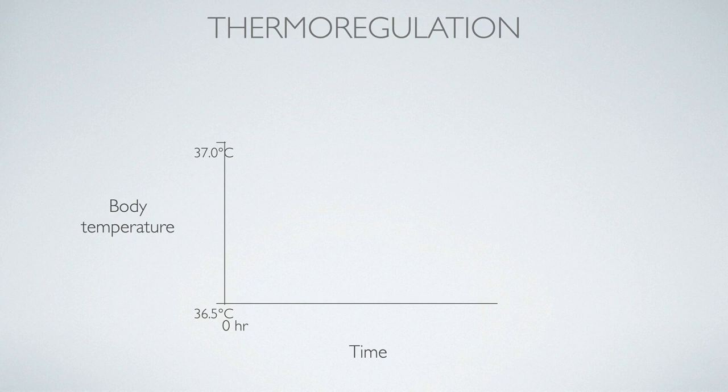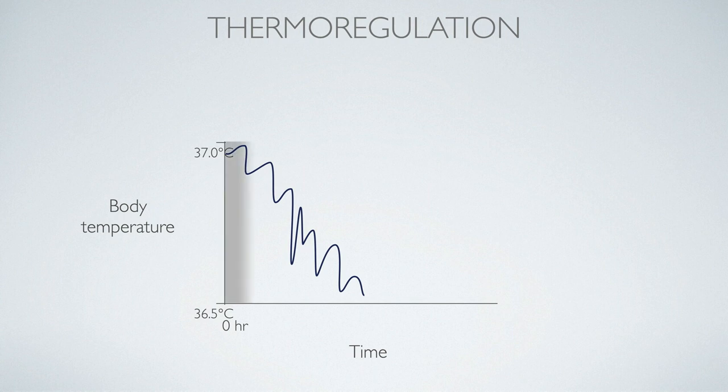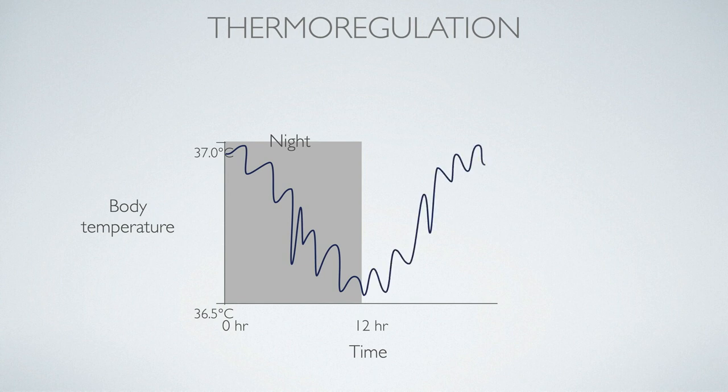But if you made a recording of your body temperature with high temporal resolution, you would see all kinds of oscillations, but a general trend that over the course of the night, there's a drop in your body temperature. And as you become more active during the day, there's a temperature rise. Okay, and the high frequency oscillations have to do with the kinds of oscillations that are permitted by the thermoregulatory control system, much like we saw those oscillations generated by a thermostat.